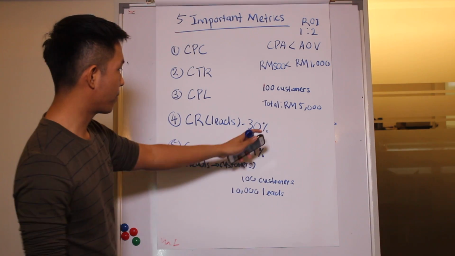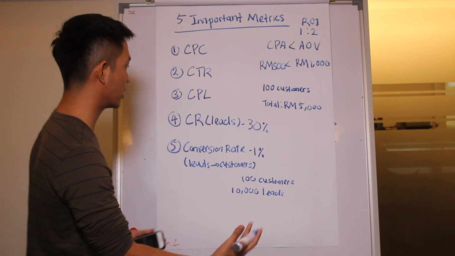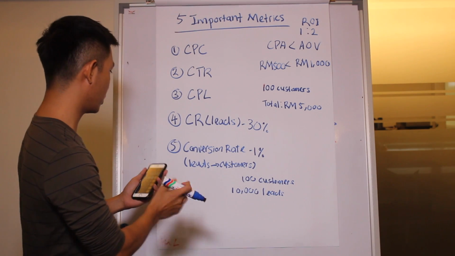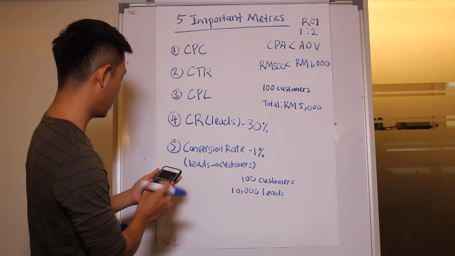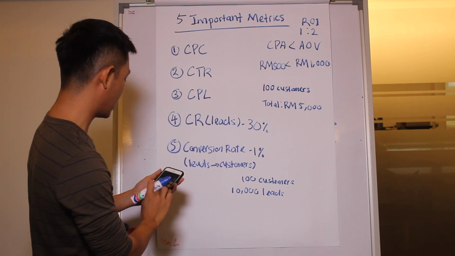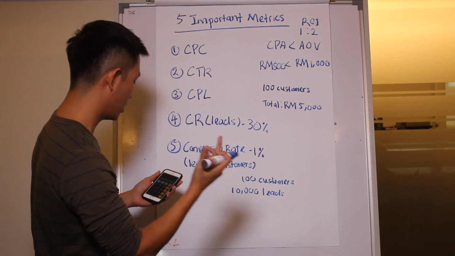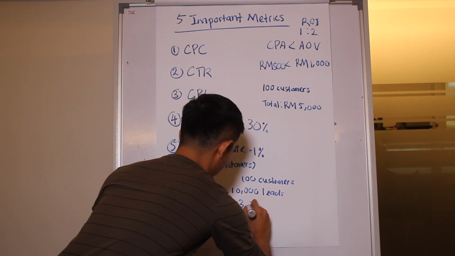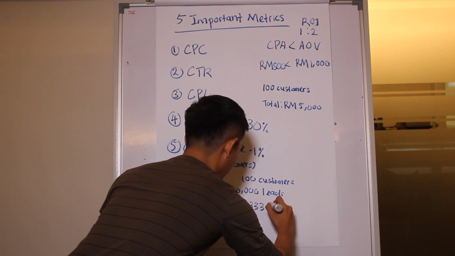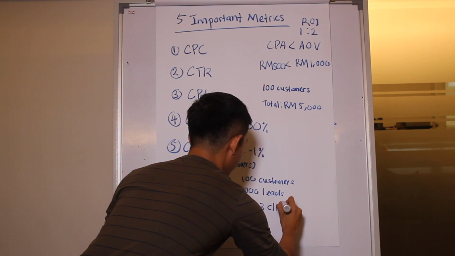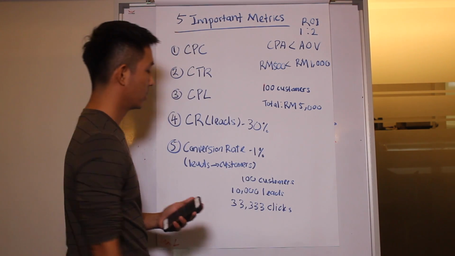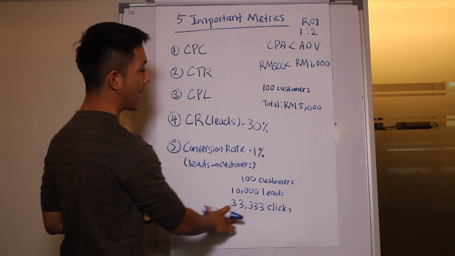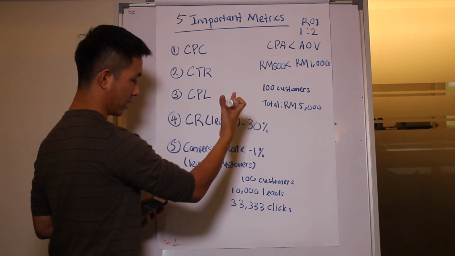If you put 30% here, that means 10,000 divided by 0.3, you want to get 33,000 clicks. So this number click on your ads, and then 30% of them turn into leads.